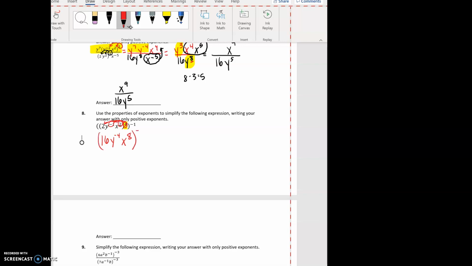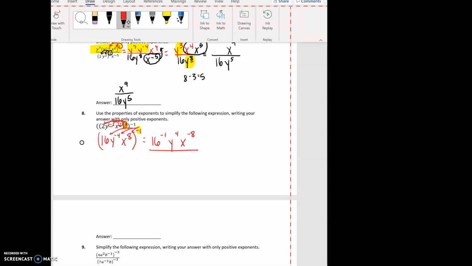Now, all of that still has to be raised to the negative 1 power. Okay, so more than one way to do this, but this is what I'm going to do. I'm going to raise everything to the negative 1 power. So now this will become 16 to the negative 1 power, y to the positive 4 power, x to the negative 8 power. Okay.